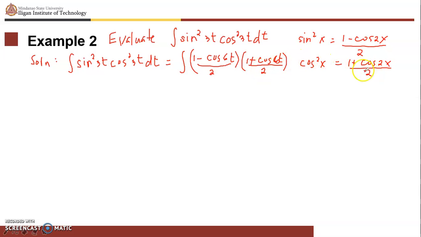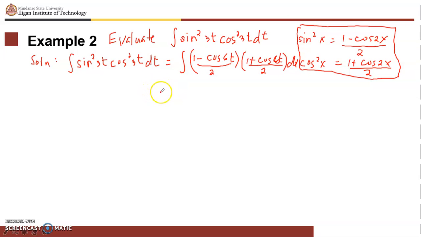Again, you have 1 plus cosine of 2x, because you have 3t there, so you have to multiply it by 2. You have 6t. So you have dt. Let me just enclose this in a box so that you'll be able to recall these trigonometric identities.